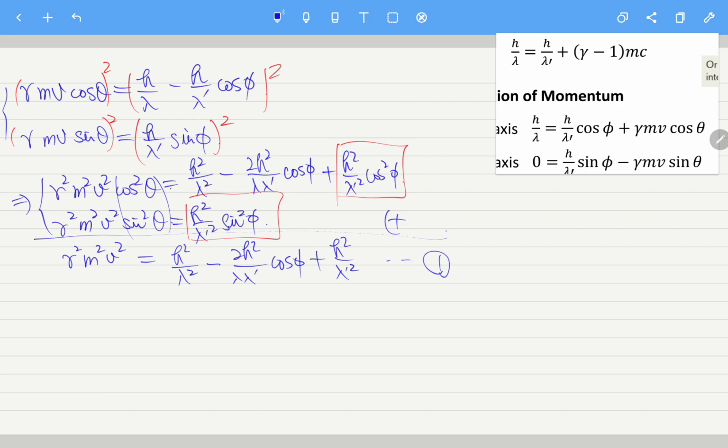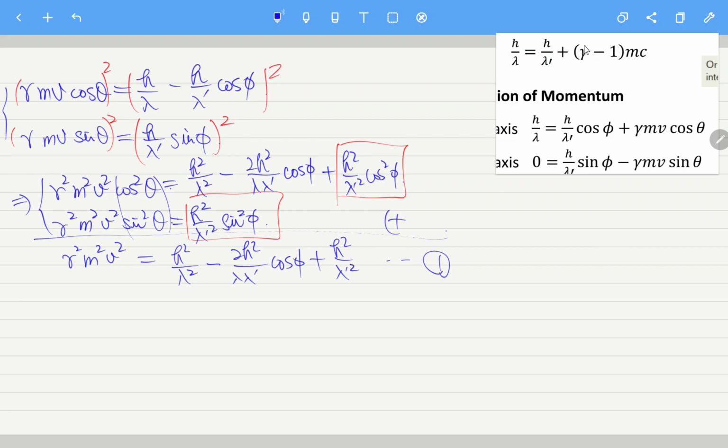And for the second one, we will make use of this equation, which is from the conservation of energy. We can see here we have gamma square m square v square. Here we have gamma mc.